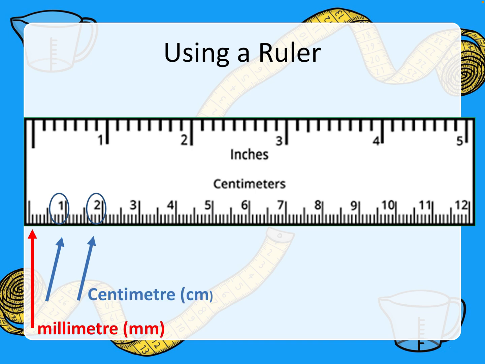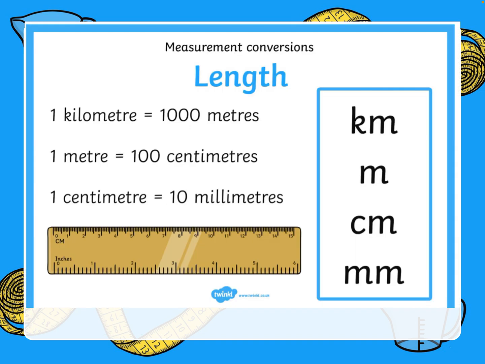The first circle shows 1 centimetre, and you can see that there are 10 little lines up to that, which means that 1 centimetre is 10 millimetres. So 2 centimetres is 20 millimetres. And if it was where I've got that arrow pointed, it's 5 centimetres, then there's 2 little ones, so 5.2 centimetres or 52 millimetres.